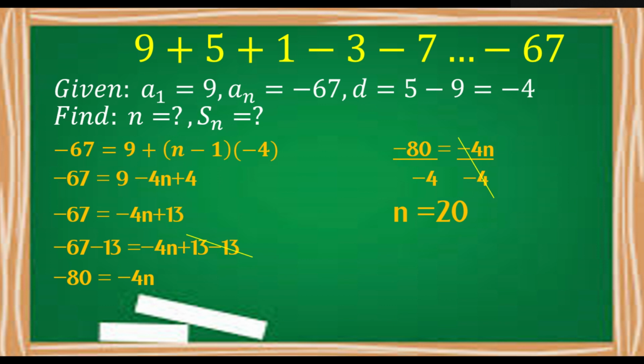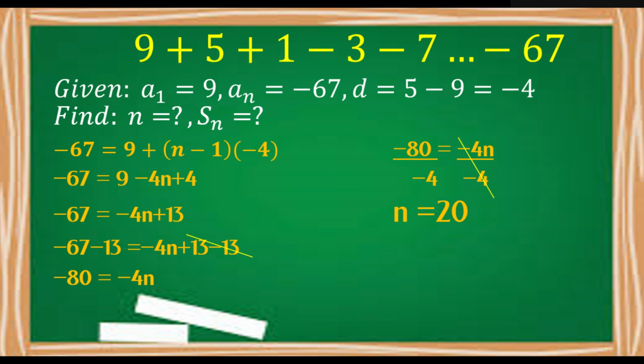So here, simplifying the values, we could have it as 9 plus negative 4n plus 4. So we can combine 9 and 4. We could have it as 13 plus negative 4n. But looking at it, using the addition property of equality, we can add negative 13 in both sides.